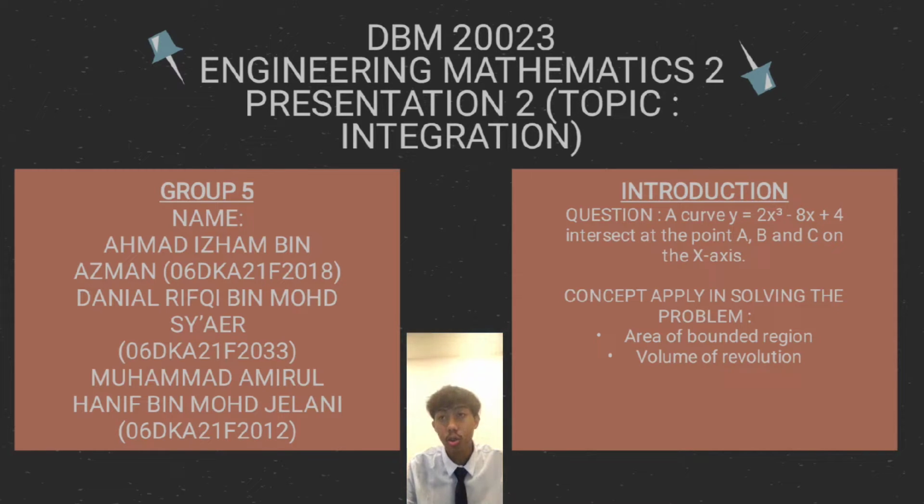For the question y equals 2x cubed minus 8x plus 4, first we use the calculator to get the answer. We go to degree, we choose 3, and then we insert the numbers one by one: for A we insert 2, for B we insert 0, for C we insert -8, and for D we insert 4.